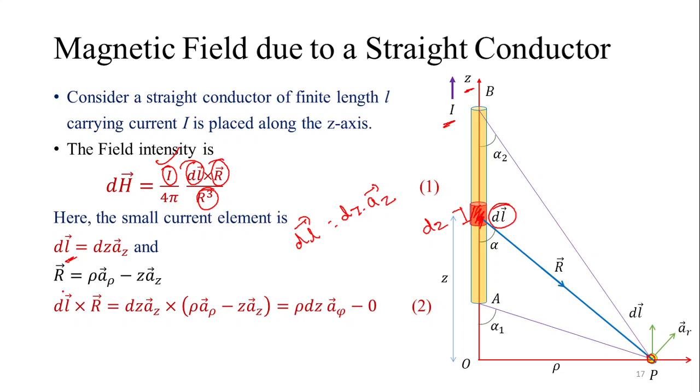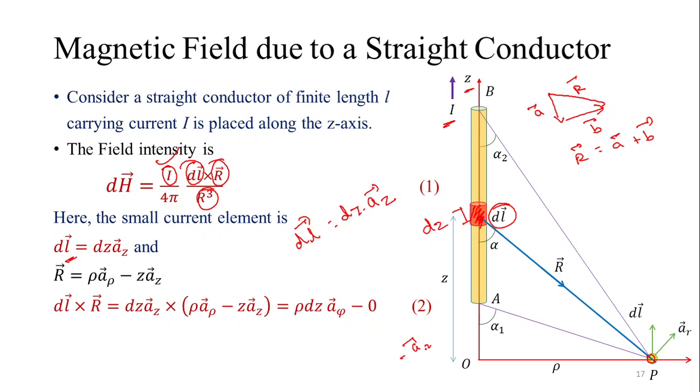Now let's calculate r. In general, suppose you have a vector like this, say a, and another vector like this, b, then the resultant vector, the addition of these two vectors, is r. So the r vector is a plus b. Here, instead of a we have minus az vector, since the vector is upward.